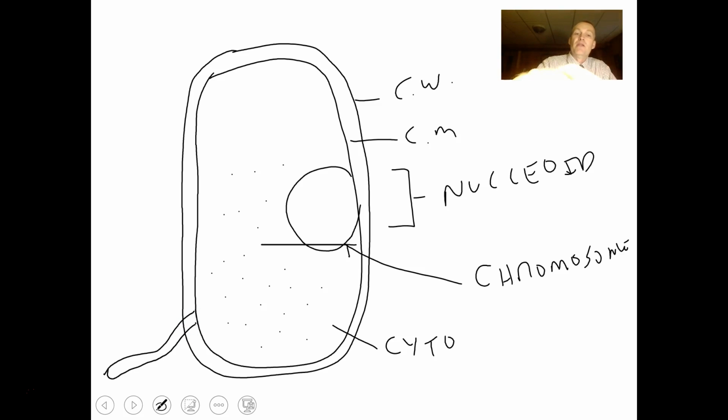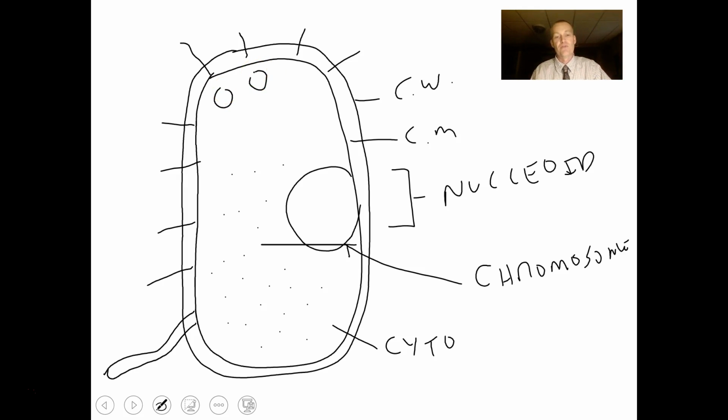Others may have little extensions that come out. These are almost like little tubes where they can transmit things called plasmids between cells that are connected via those sex pili. Sometimes prokaryotic cells even have plasmids. These are little circular pieces of DNA that hold very specific genes.